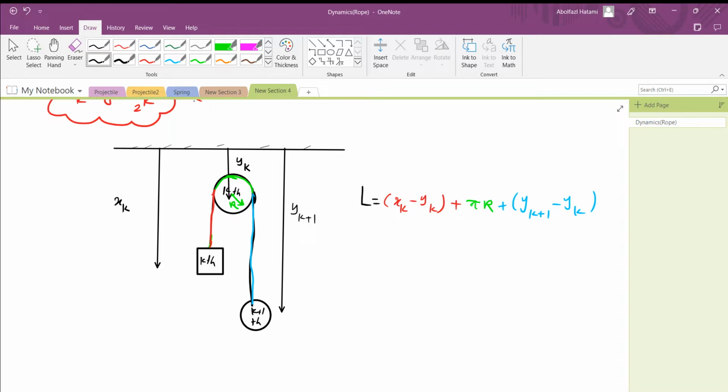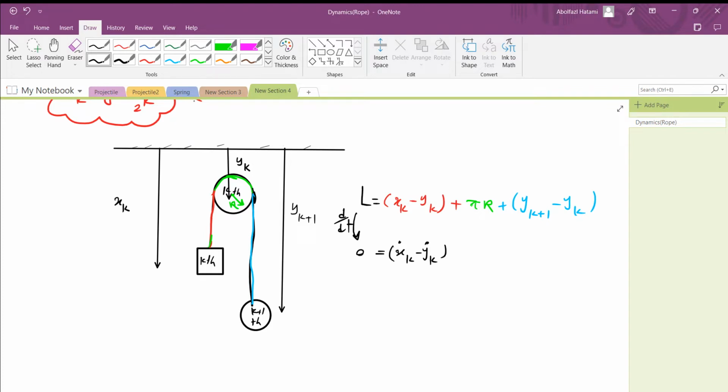If I take a derivative of this expression which I obtained here, we can understand that because L is constant, its derivative with respect to time is 0, d over dt is 0. But x of k, y of k, and also y of k plus 1 change as time goes, so we have their derivatives, which I showed with a dot: x dot k minus y dot k.